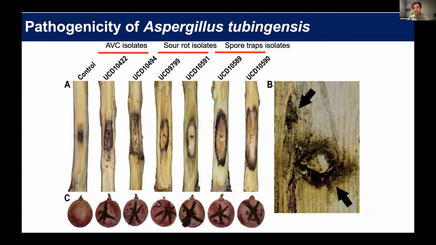We think there's a reason for that, because those spores are the seed of the pathogen. They are supposed to be more aggressive and better adapted to conditions than the mycelium that we have been finding. So we inoculated them on both wood and berries, with and without making a wound.